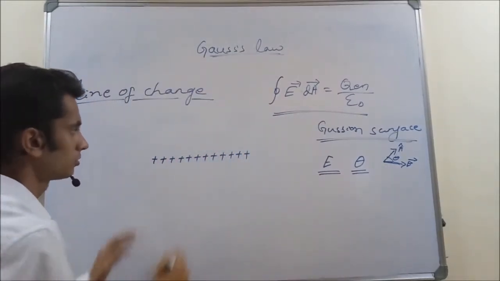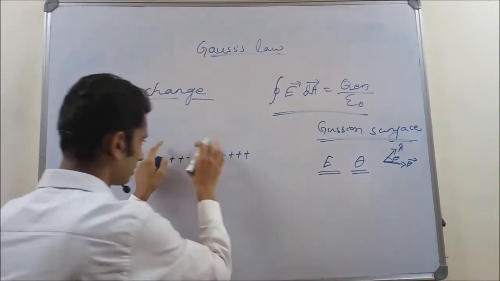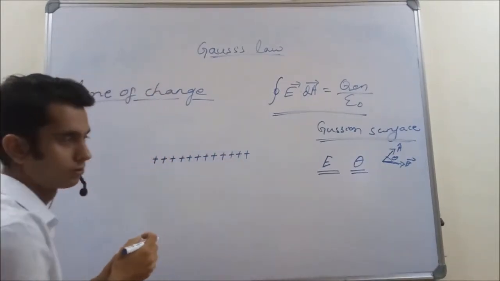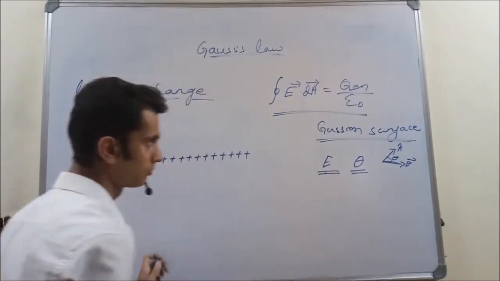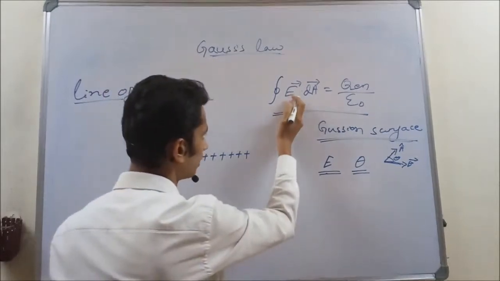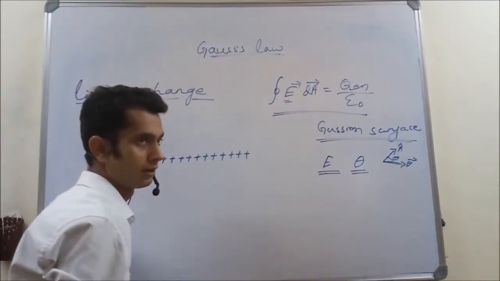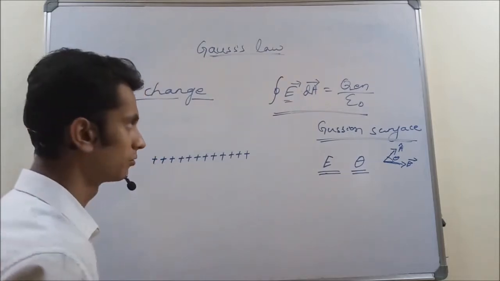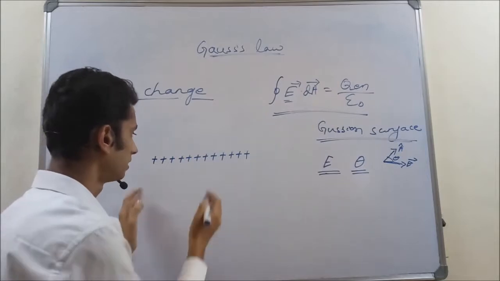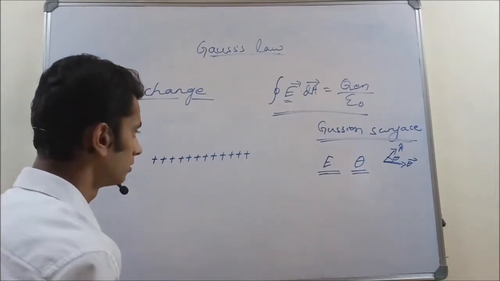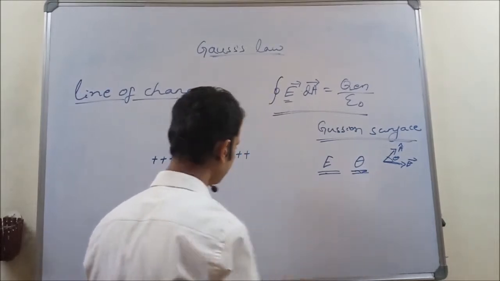I have to choose a 3D closed surface where on every surface the electric field and theta are constant. Then we can take the electric field out of the integration, and we can easily find the electric field. So I have to take an imaginary Gaussian surface where the electric field and theta are constant.